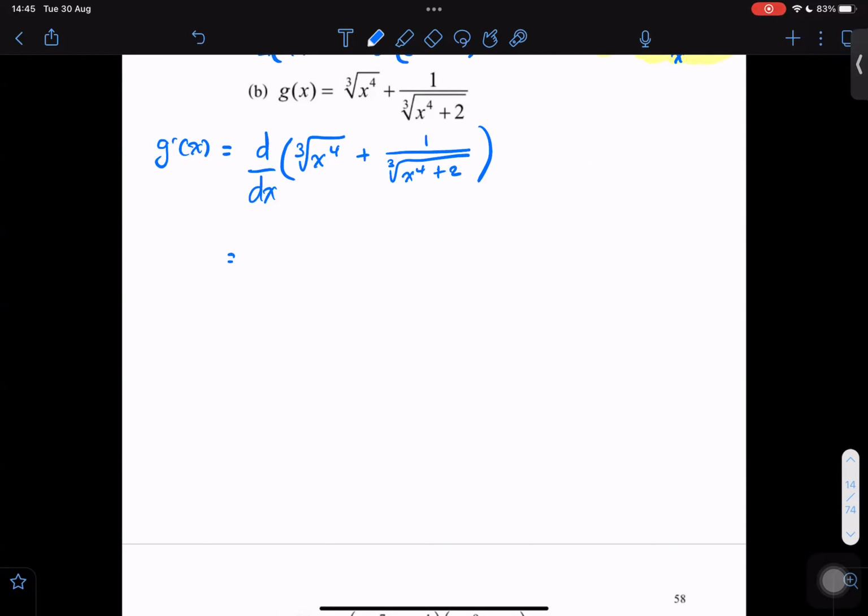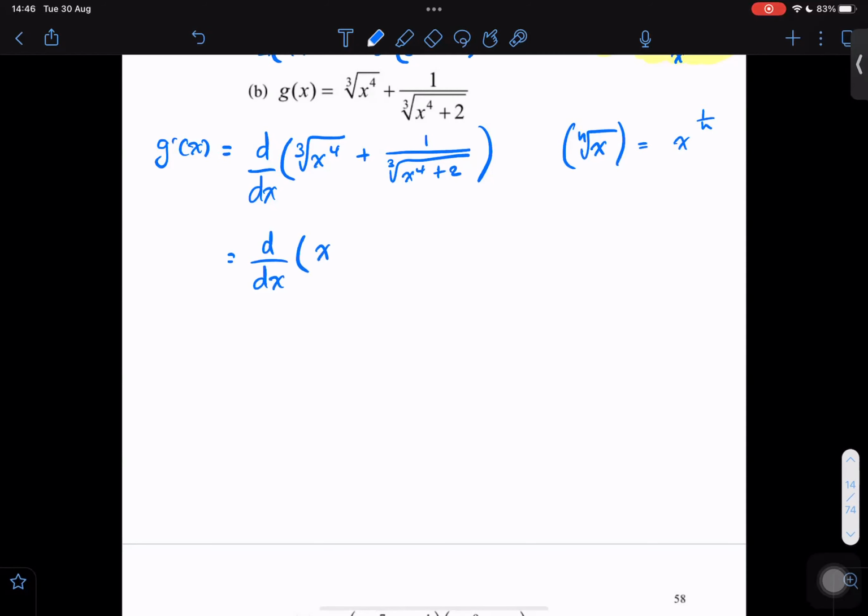So the cube root, or the nth root like this, is equal to x to the power of 1 over n. So in this one, I will just rewrite it first.